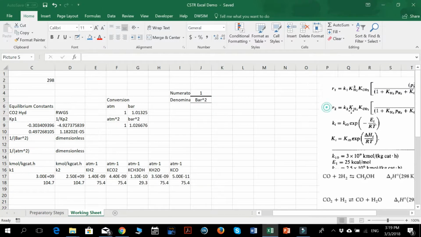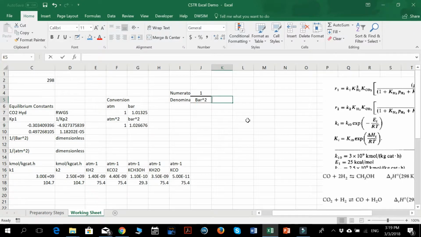I'm using this to illustrate the unit conversion, so I'm going to do it really carefully. This X is for times. I want to convert it into 1 over atmosphere squared, right? So let me draw that border here again. I need to convert it this way. I need the bar squared on top and the atmosphere squared at the bottom.